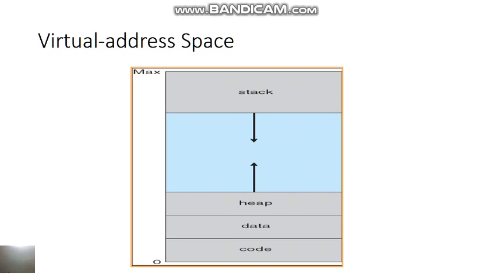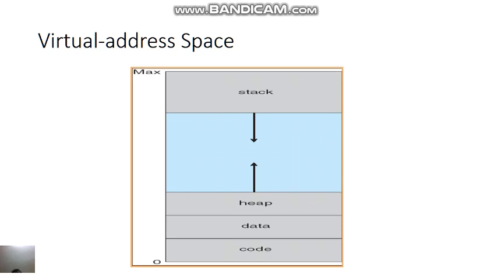So this heap is used to store data efficiently, and there is a stack which is used to control the function calls. A heap is used to store the data and the instructions, and there is a stack which is used to handle or control the various function calls.